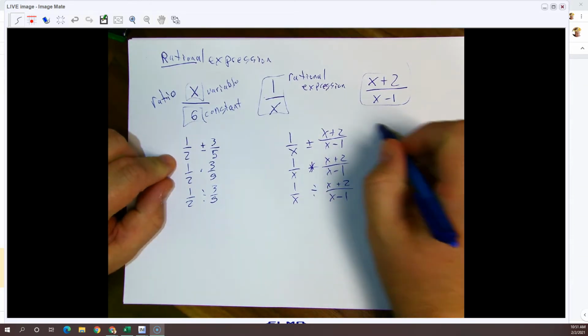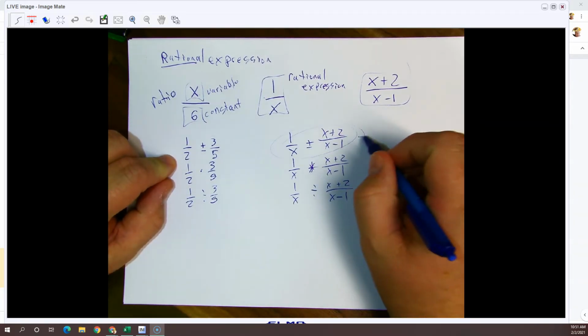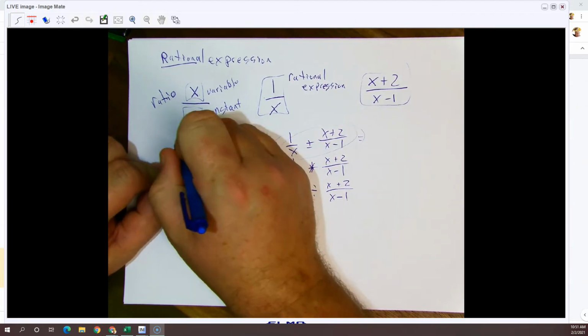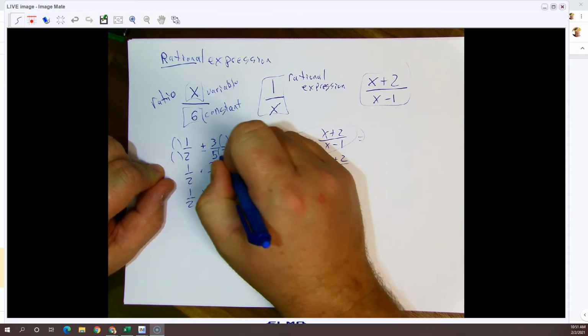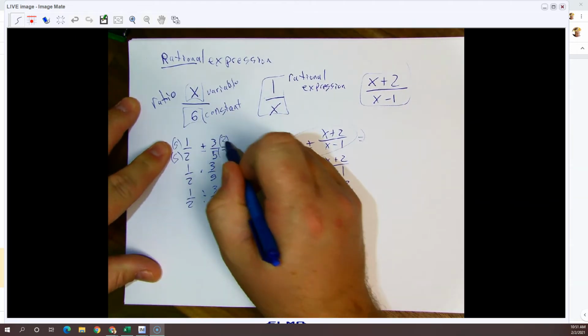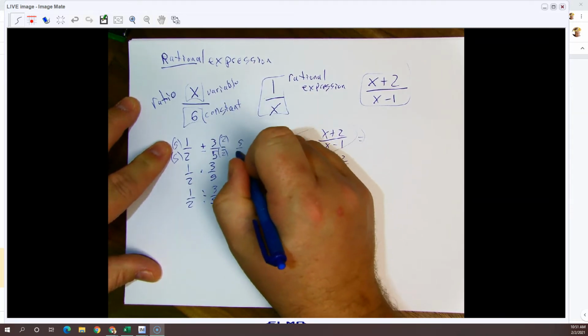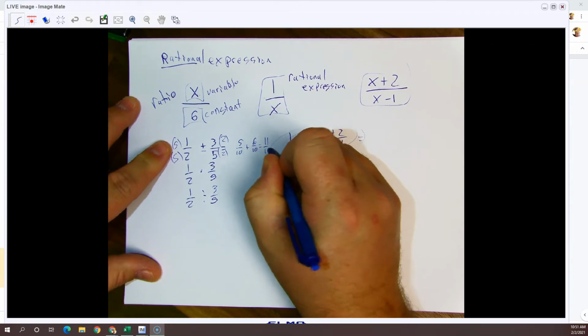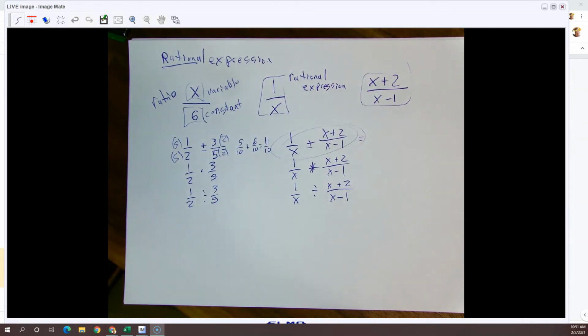Now, to add or subtract rational expressions, like fractions themselves, we must have common denominators. So in this case, to get common denominators, I'm going to need a 5 here and a 5 here and a 2 here and a 2 here. So I have 5 tenths plus 6 tenths equals 11 tenths. I'm not going to simplify that.